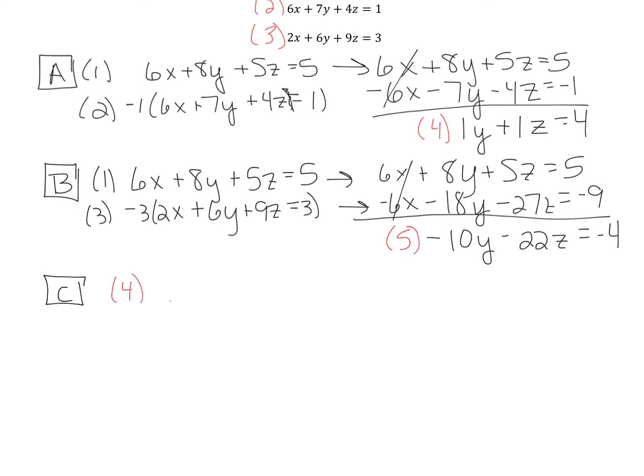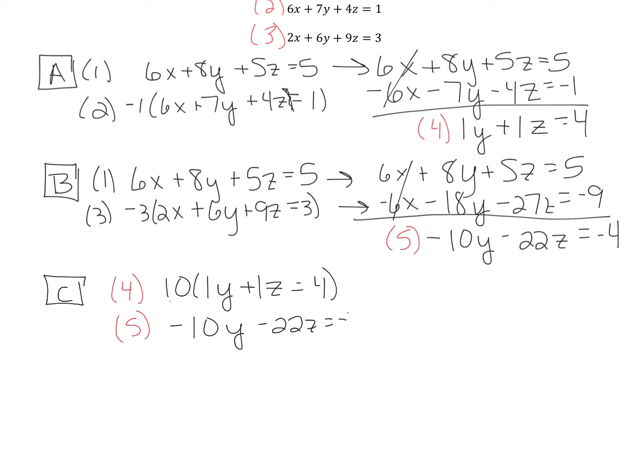And looking at these two, I'm going to eliminate y next, and I'm just going to take equation 4 and multiply it by 10. So that's going to create a 10y to go with a -10y in equation 5. So 10 times equation 4, and then equation 5, I'm going to leave alone.